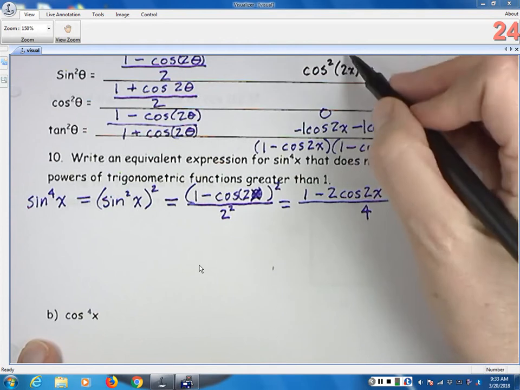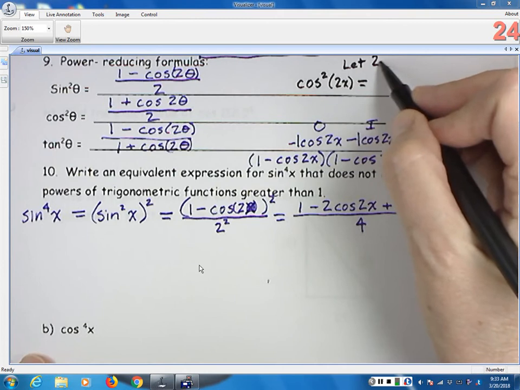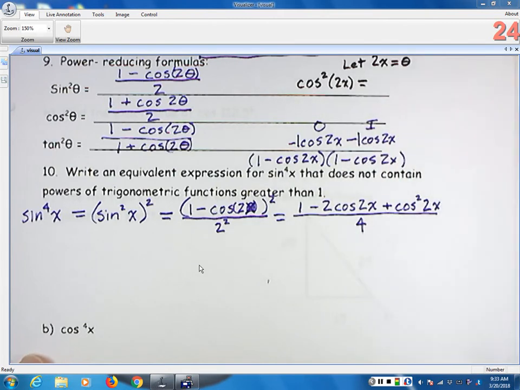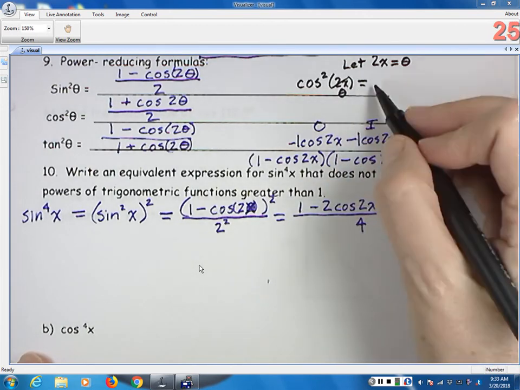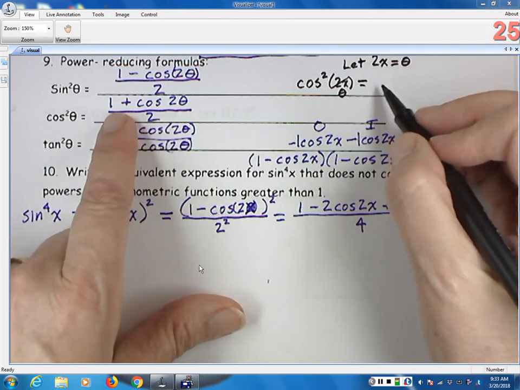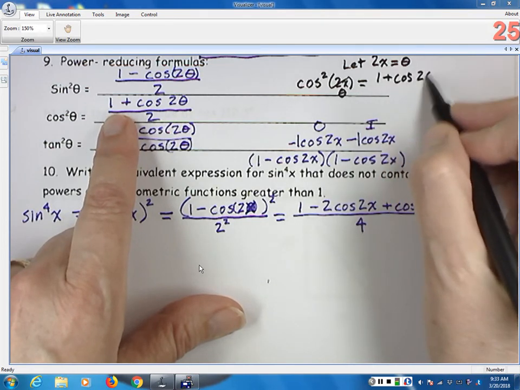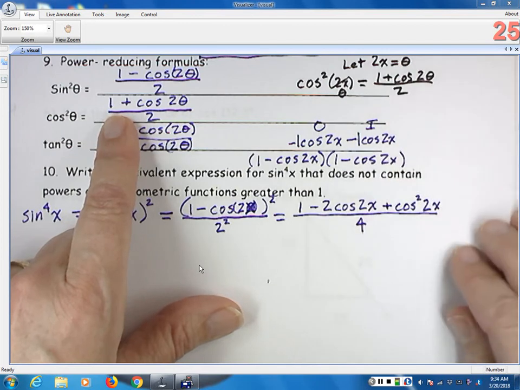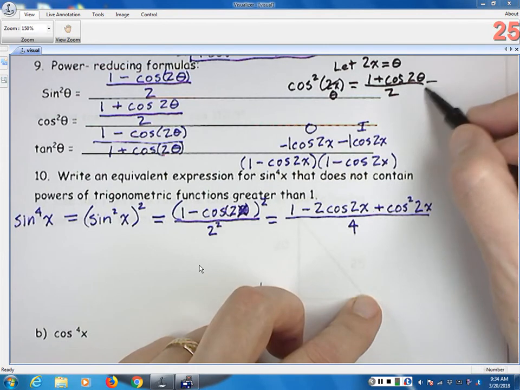We're going to let 2x equal theta, and then replace back into it. So cosine squared theta equals 1 plus cosine 2 theta over 2. Now we're going to replace back: theta equals 2x.